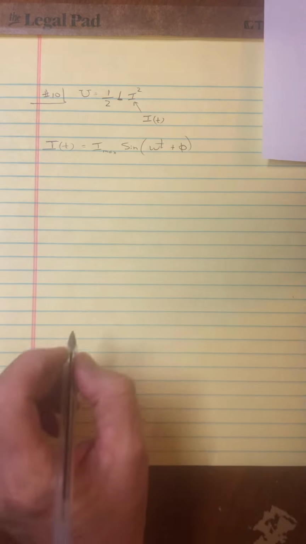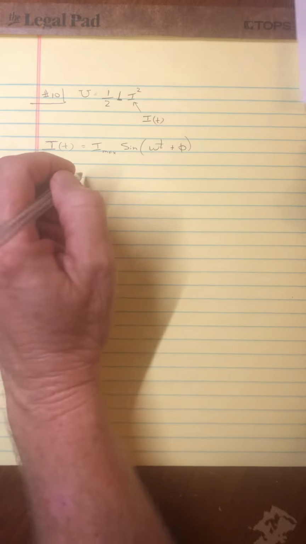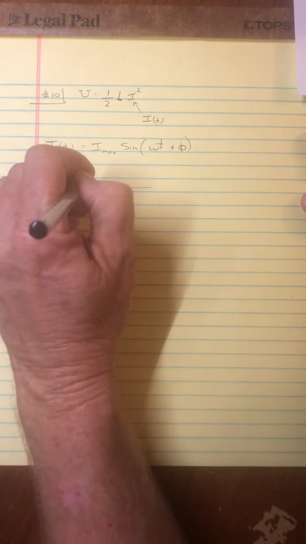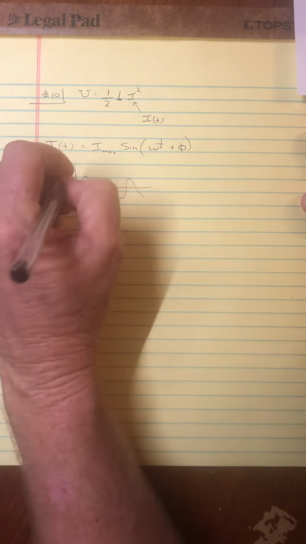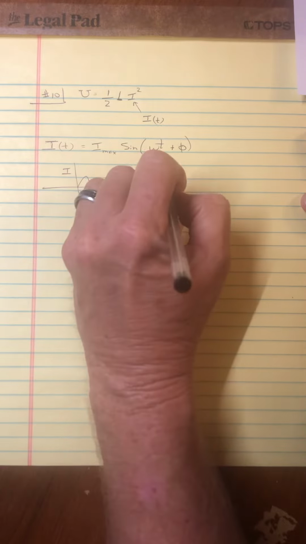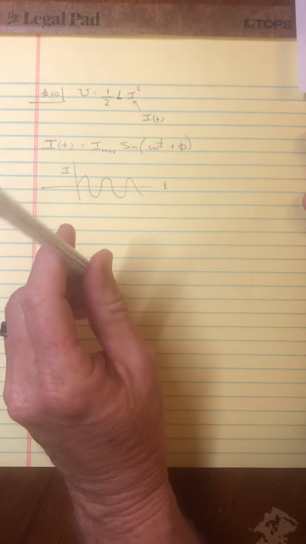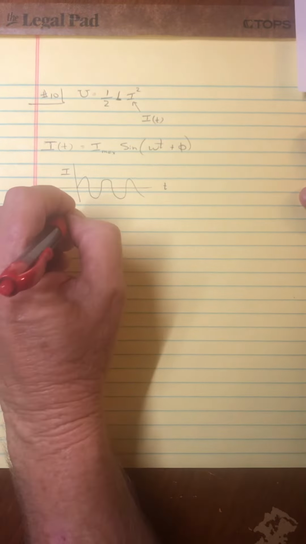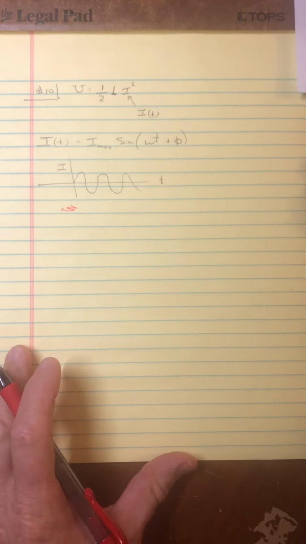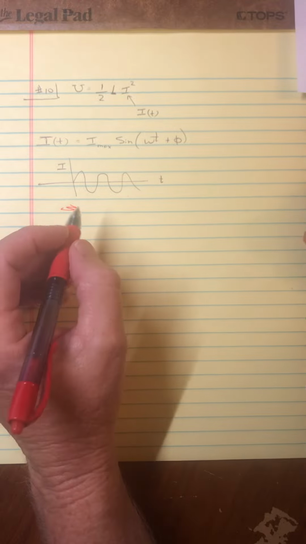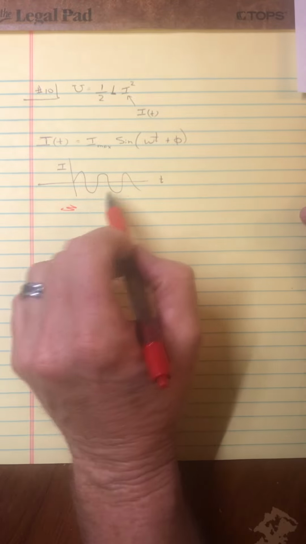And I'm going to throw in a little phase here, because when you have current that changes with time, I'll do a little graph of current and time. Actually, I just noticed I think my red stands out a little bit better. So let me jump back here to the red. Hopefully that won't mess you up too much.